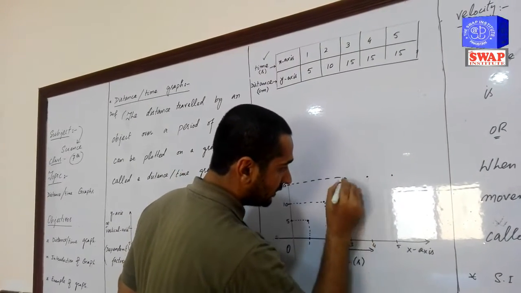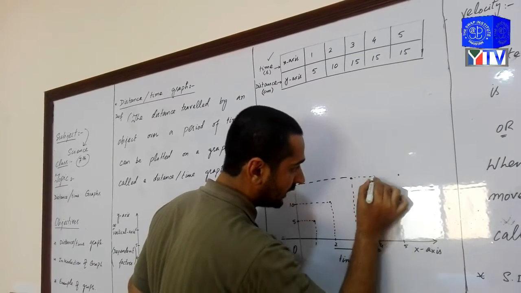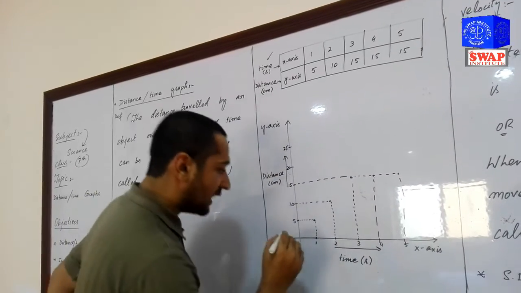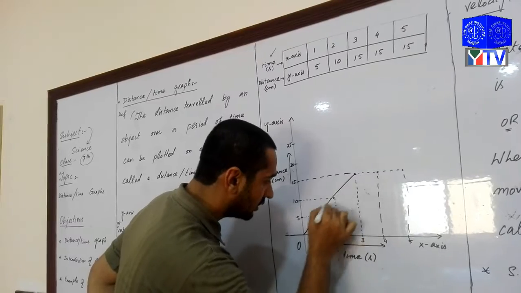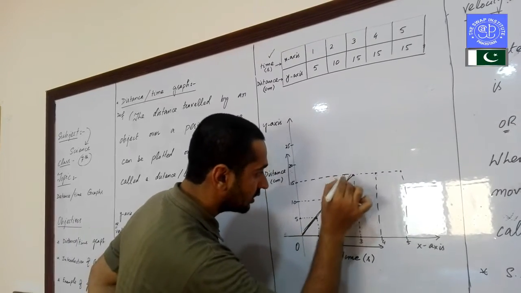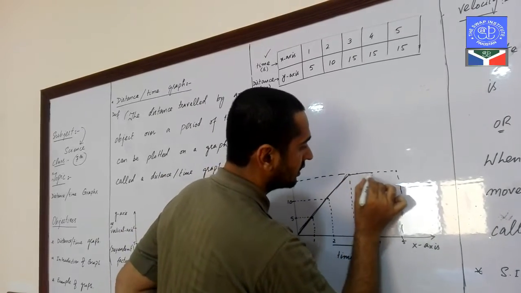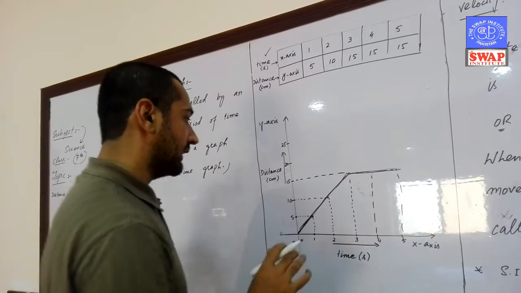So we will get this point, and we will get this point. So the graph will be some steep, and this one is a horizontal line.